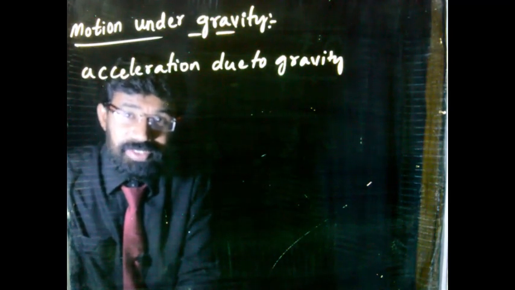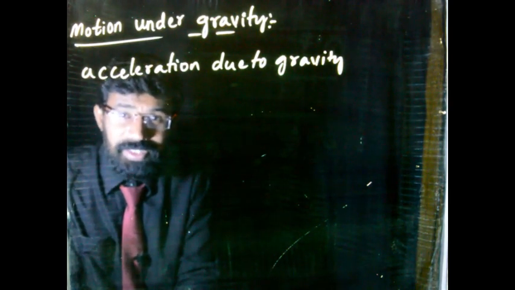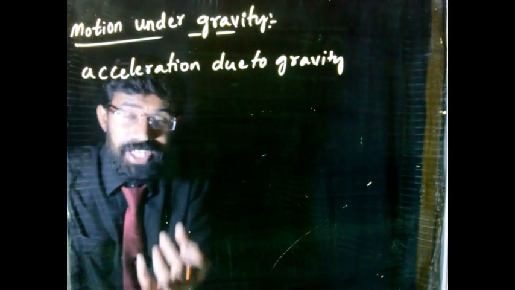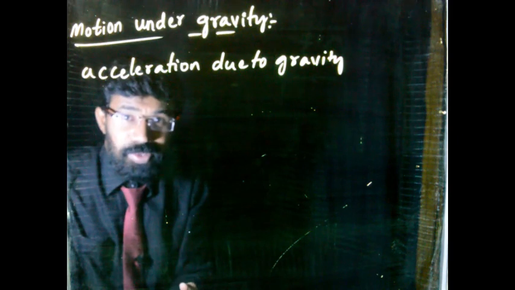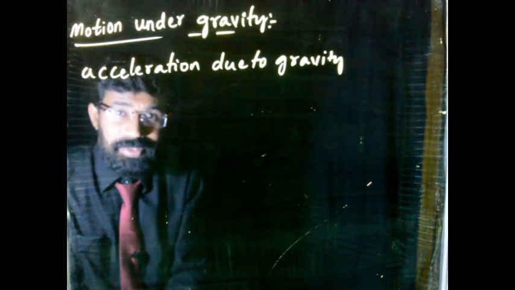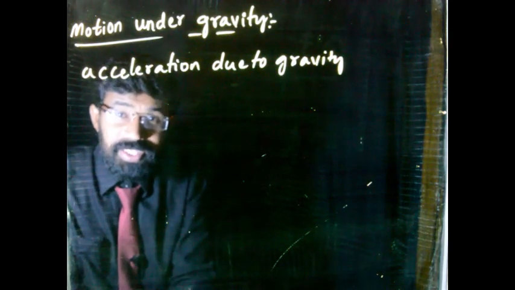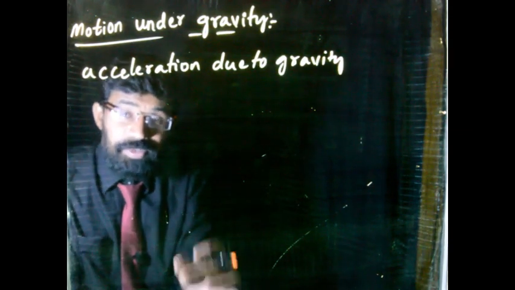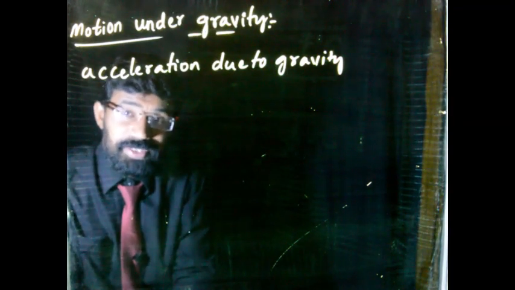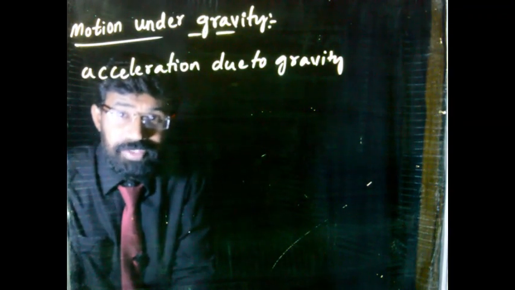That's what we call negative acceleration or deceleration or retardation. All this happens because the force of gravity is acting on the body. It always pulls towards the center of the earth, isn't it? So when it is moving in the upward direction, its velocity gradually decreases. If you are dropping a body or projecting it in the downward direction, its velocity gradually increases because it is favored by the force of gravity, isn't it?